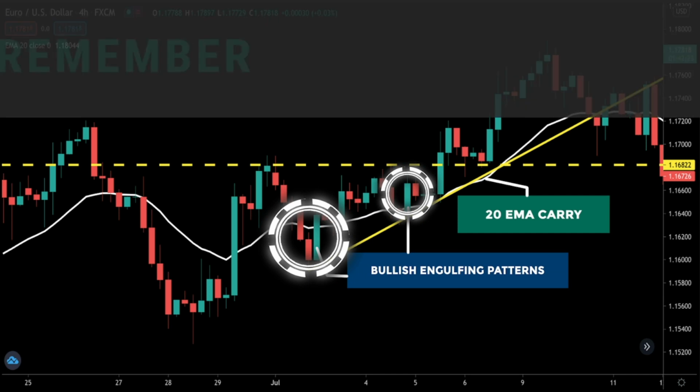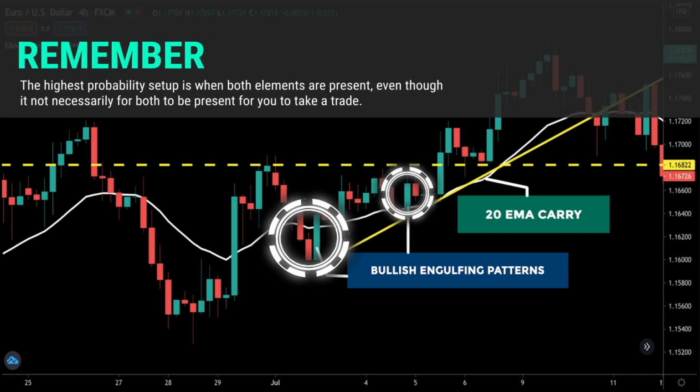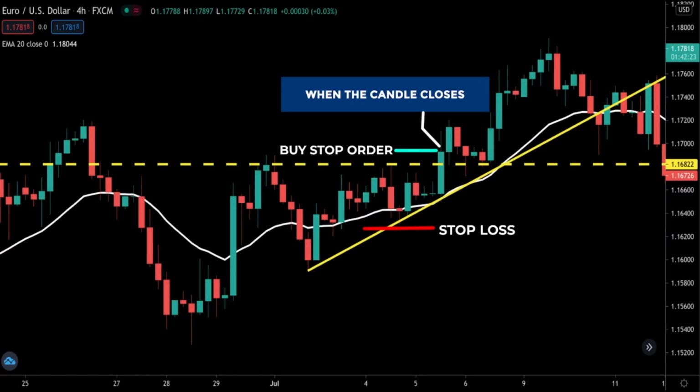The highest probability setup is when both elements are present, even though it's not necessary for both to be present for you to take a trade. Lastly, I explained that your entry is above the ascending triangle, which could be a market order upon close of the candle or a buy stop order. And your stop loss goes below the recent swing low.